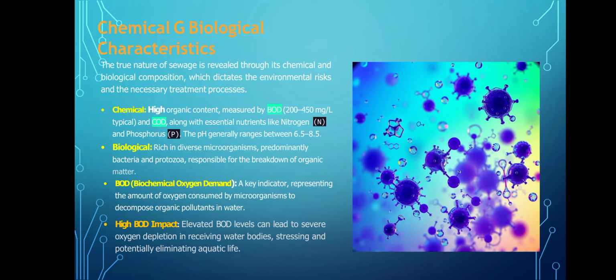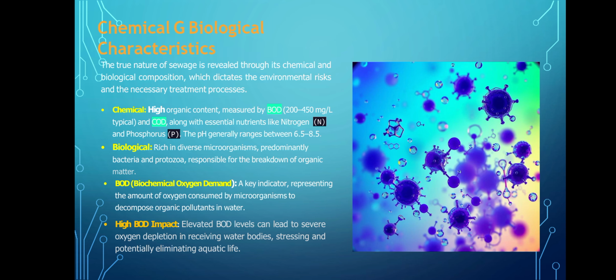So there are two major ingredients generally responsible for the content, nitrogen and phosphorus. And the pH of sewage generally ranges from 6.5 to 8.5. These are the minor details which I missed in the previous class.